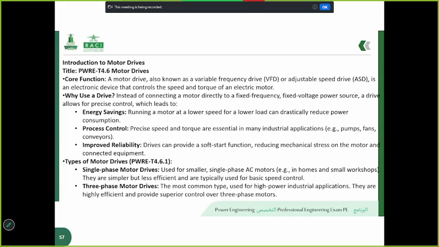So this slide also provides a high-level introduction to the purpose and types of motor drives, also known as variable frequency drives or VFD, or adjustable speed drive or ASD. At their core, motor drives are sophisticated power electronic devices designed to control the speed and torque of the electric motors.